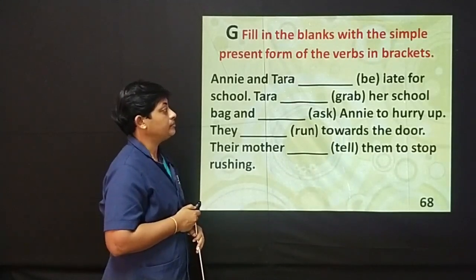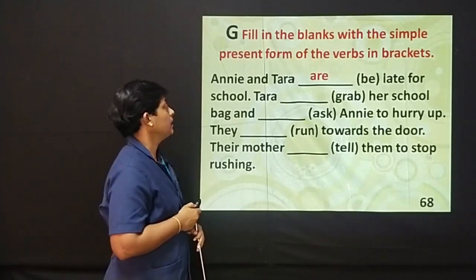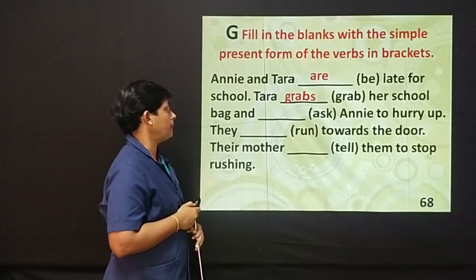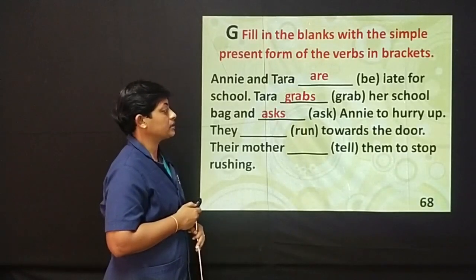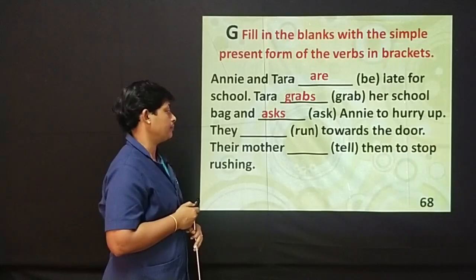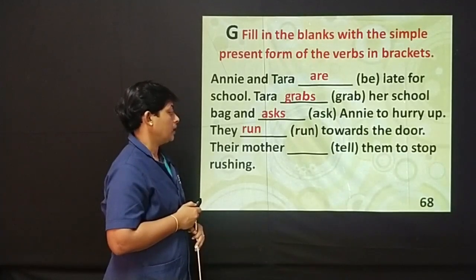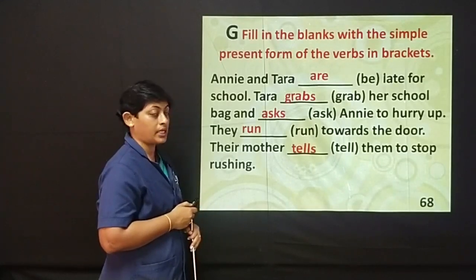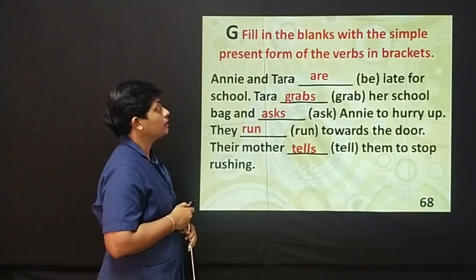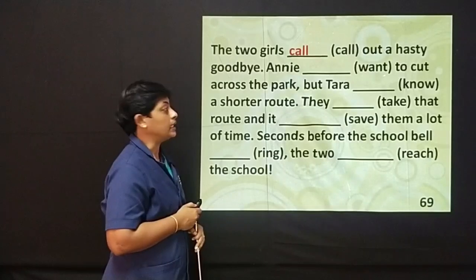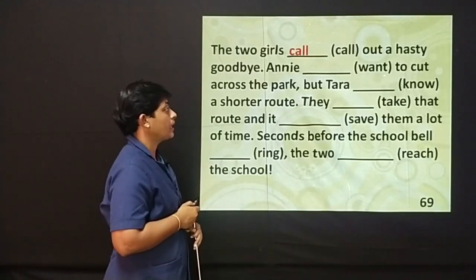Annie and Tara are late for school. Tara grabs her school bag and asks Annie to hurry up. They run towards the door. Their mother tells them to stop rushing. The two girls call out a hasty goodbye.